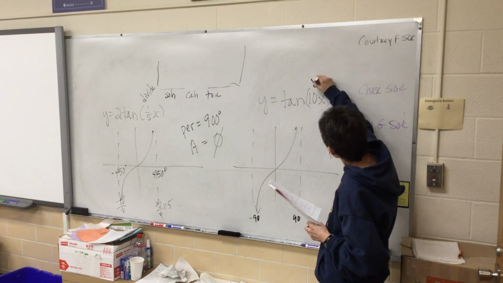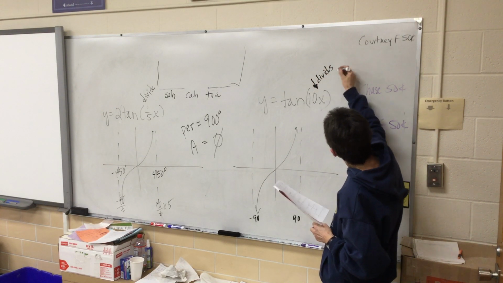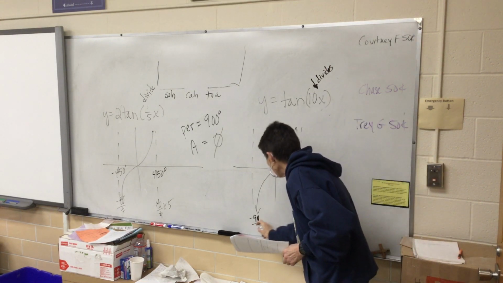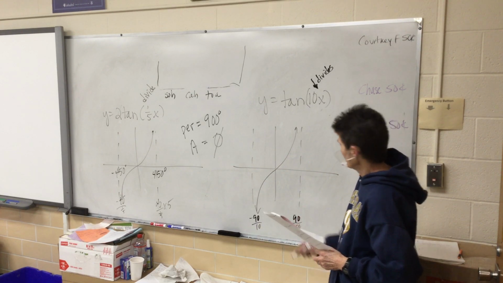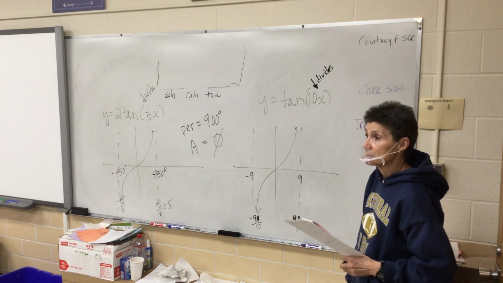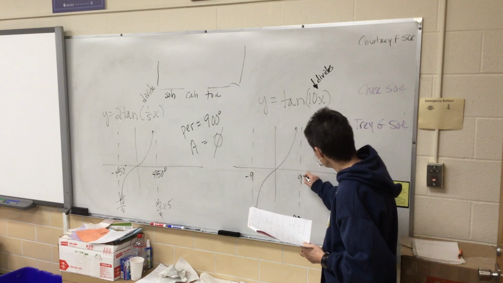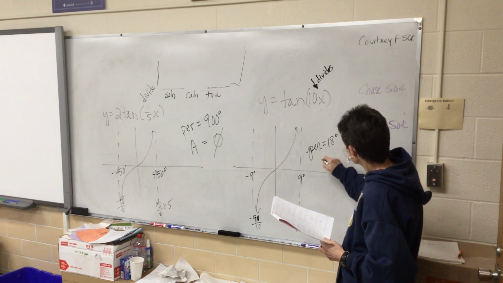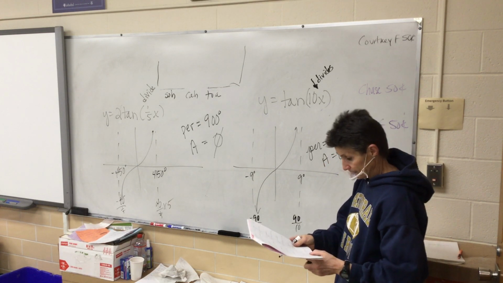But we have divided, right? Arrow. That divides. So I'm going to divide these by 10. So my new labels are negative 9 and 9, which makes my period 18. And of course, there is no amplitude.